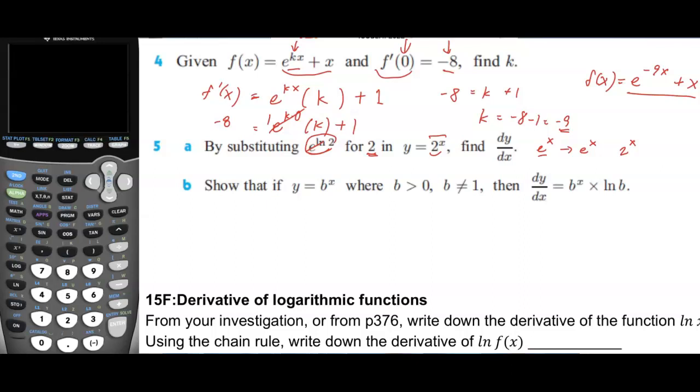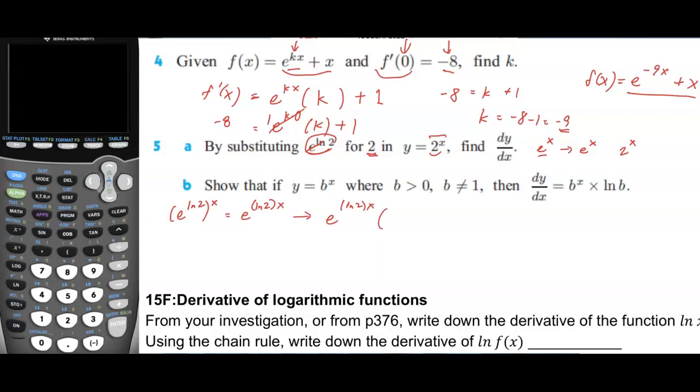Let's see how that helps us. So instead of 2 to the x, we're going to write e to the natural log of 2, to the x. Then I'm going to rewrite that as e to the natural log of 2 times x. And now I'm going to take the derivative of this. Now remember, the natural log of 2 is just a number. So when you take the derivative of e to the natural log of 2 times x, you just rewrite the exact same function.